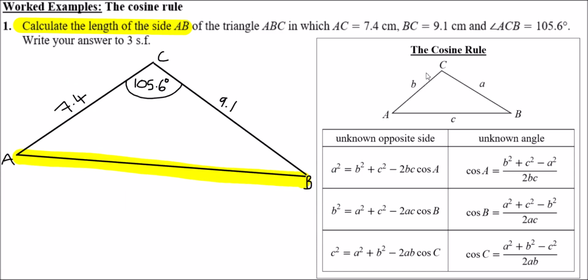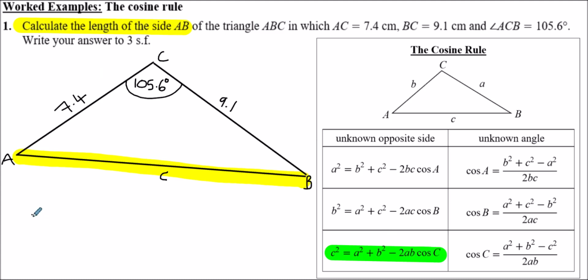So we're wanting to find this one, AB, which down here, if you want to use this method, is C. So I can call this side C, like so, and then I can use this formula here and just square root the whole thing to find out what C is.